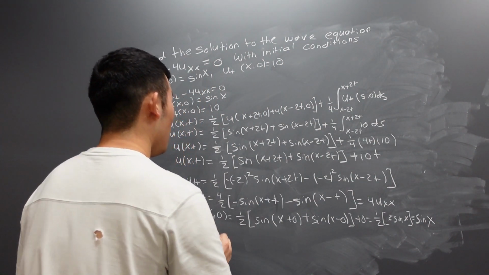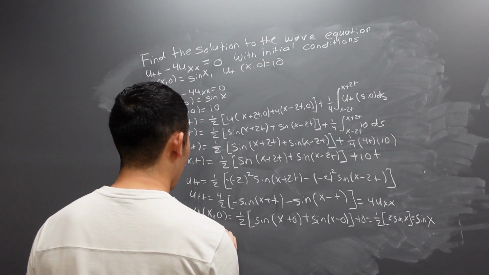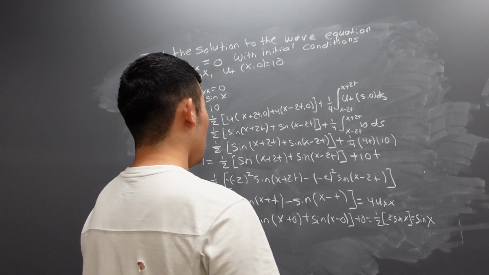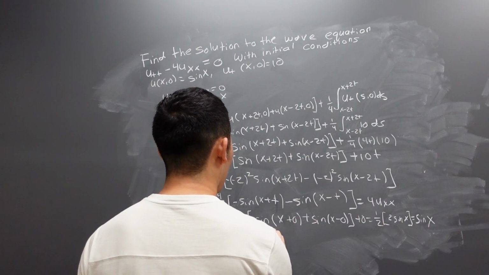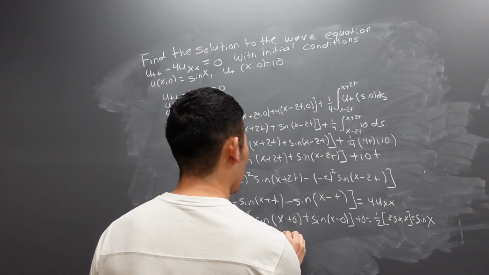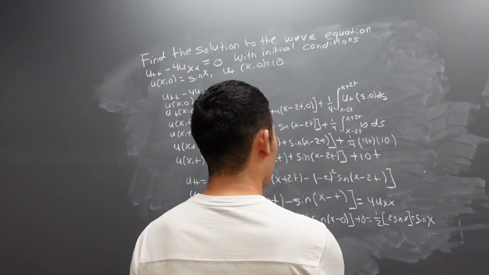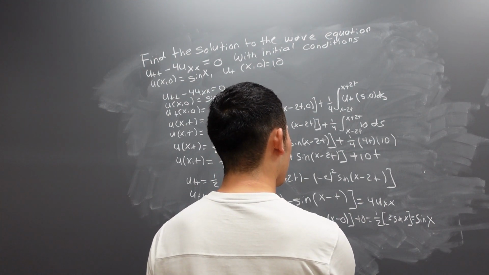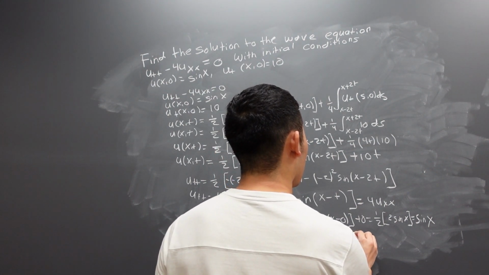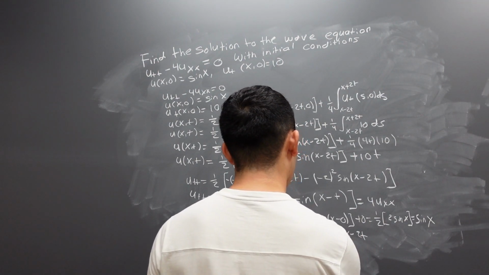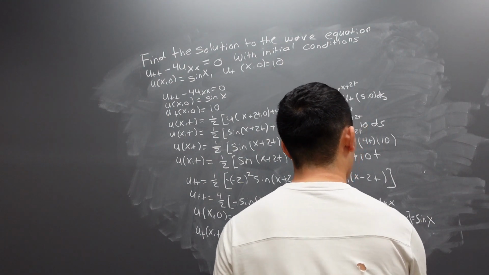And we have u_t of x and t is equal to 1/2 times 2 cosine of x plus 2t minus 2 cosine of x minus 2t, plus 10.